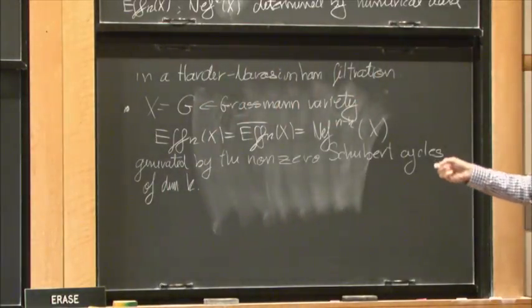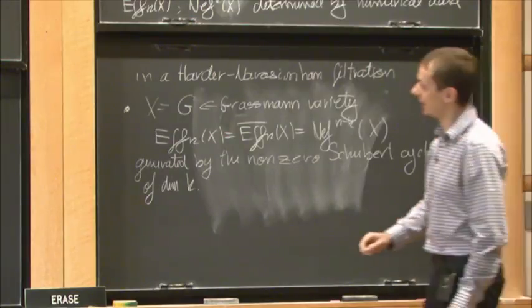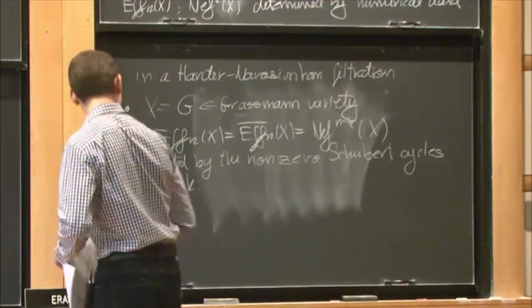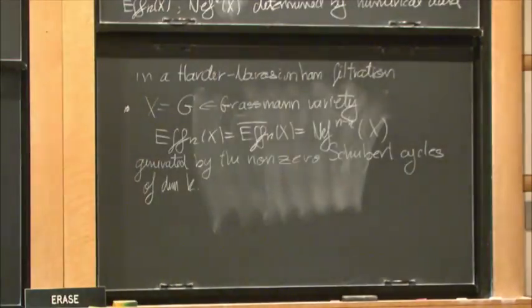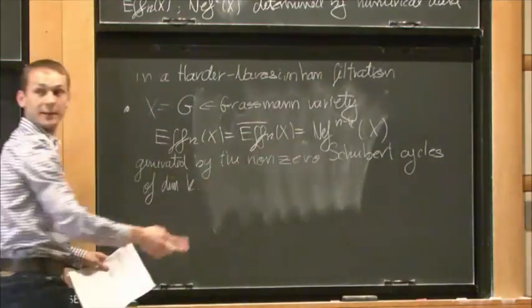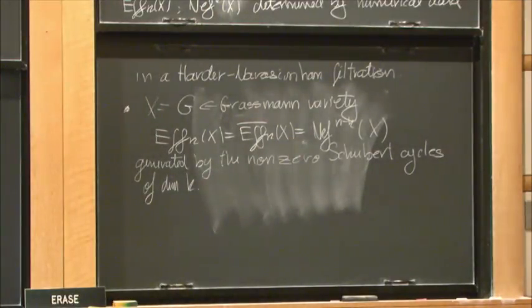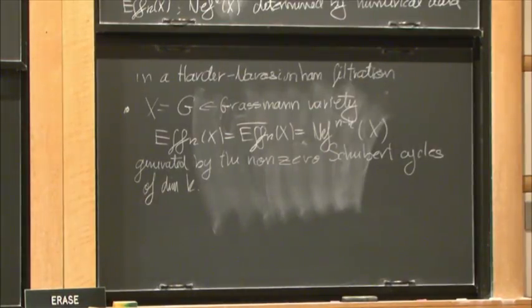And they're actually simplicial cones in this case. The toric thing is true for any spherical variety. So for toric varieties, we don't have equality here between the nef cone and the pseudo-effective cone. We just have an inclusion. Grassmann varieties are better.